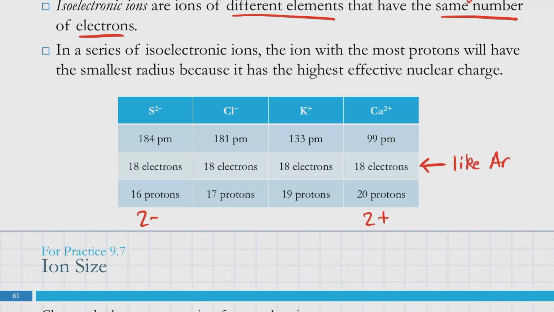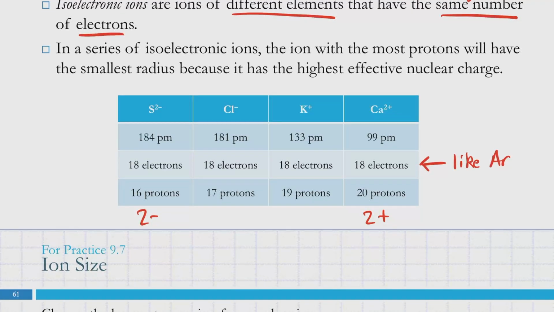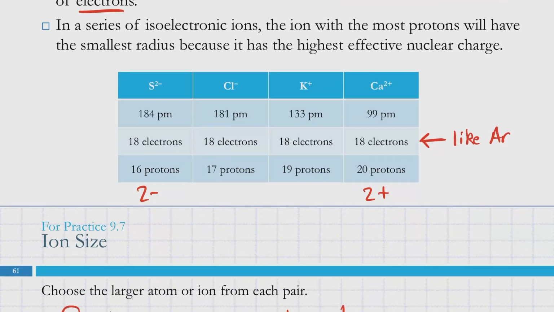Yeah, this one would be chloride. It's an effective nuclear charge reason. So chloride has 17 protons. The calcium ion has 20 protons. They have the same number of electrons, though. So it's the same principle. We've got a lower effective nuclear charge, so the electrons are going to be able to balloon out further.